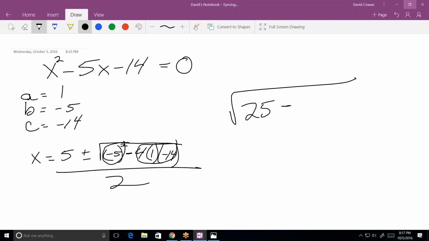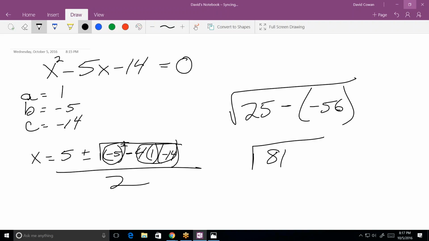Notice that I circled just the 4, not the minus. 4 times minus 14 is minus 56. That's why I didn't circle it. Now I've got everything straight.